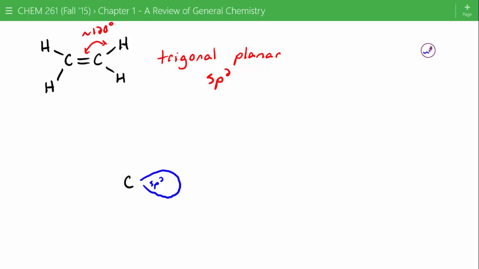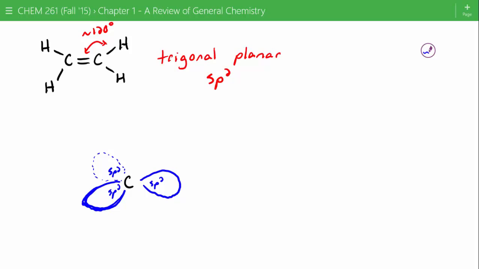We've got another sp2 lobe that's kind of pointing back, so I'm going to draw that with the dash line. And then another one, let me shade this a little bit, sticking out of the page. So this explains our trigonal planar geometry, right? This sp2 lobe is pointed back into the board. This one's pointing towards our eyes.